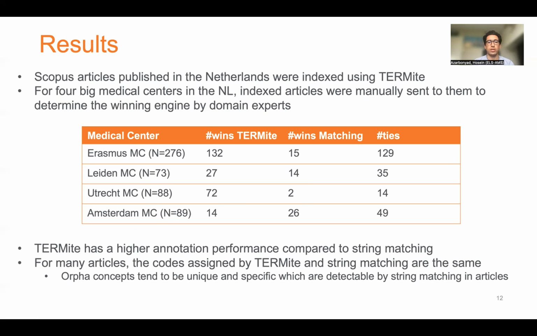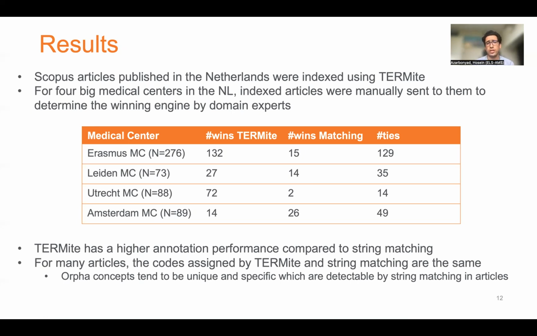For the Amsterdam medical centers, string matching performed better, and the reason is that we had adjusted TERMite to have a higher recall, but this particular medical center cared more about precision. As a follow-up step, we would like to make this pipeline more adjustable so that users can opt for precision or recall or any other metric that they would like to optimize.